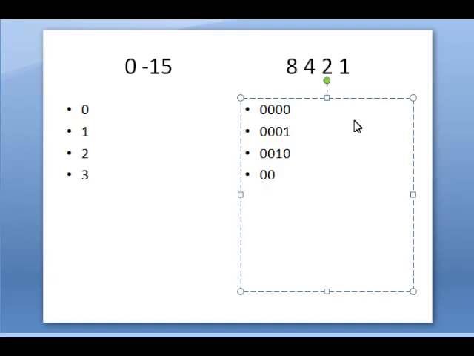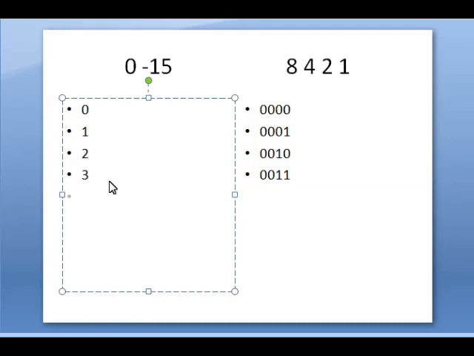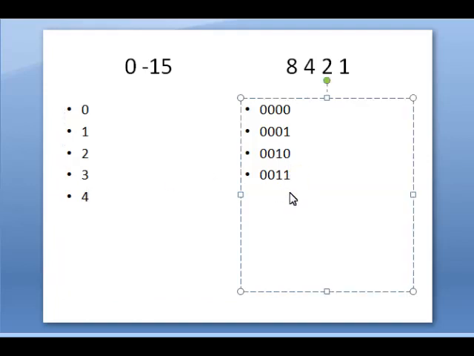What is the next number? 4. Okay, so how will you write the binary equivalent of 4? 4 means here the fourth place you will put 1 and all the other numbers should be 0. So it is 0, 1, 0, 0.